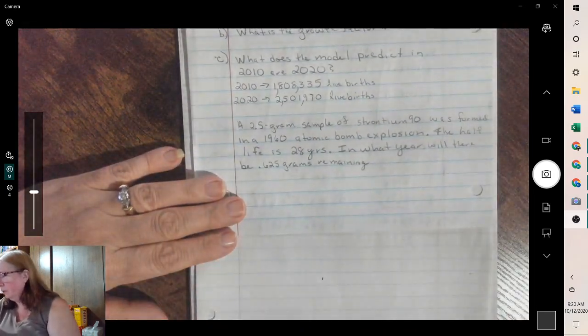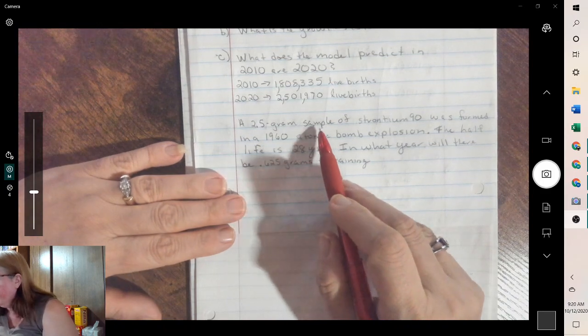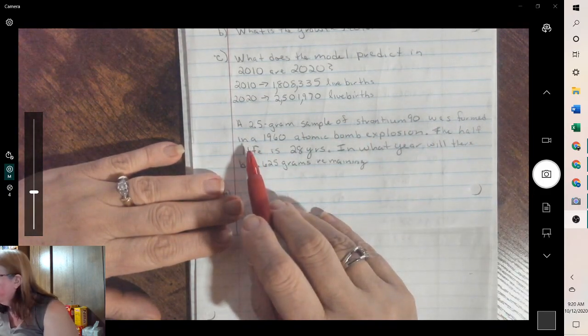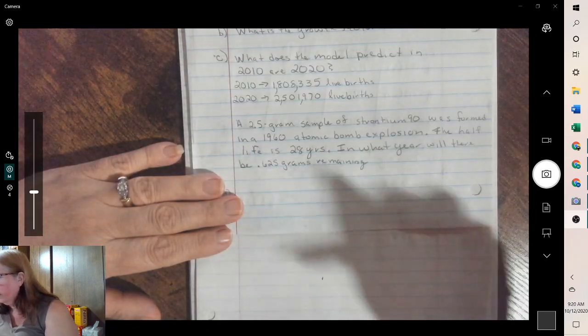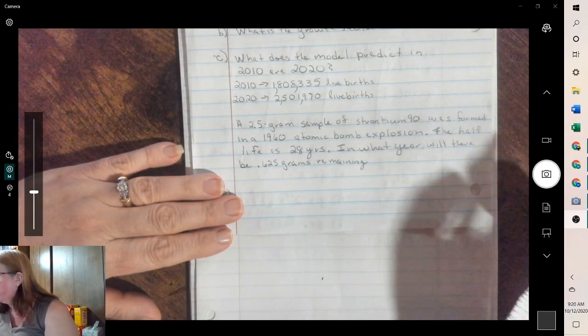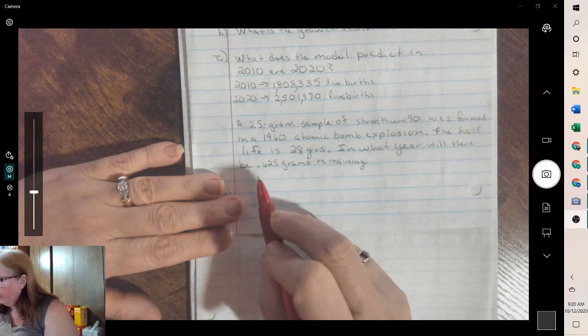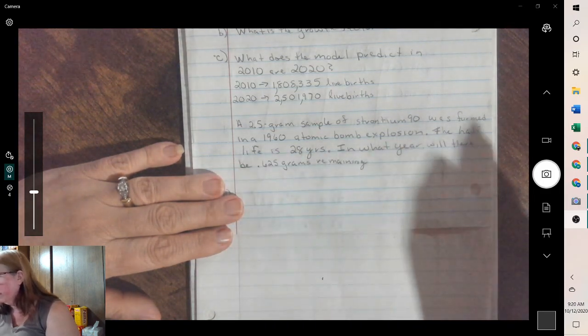Okay. A 2.5 gram sample of strontium-90 was formed in a 1960 atomic bomb explosion. The half-life is 28 years. In what year will there be 0.625 grams remaining?